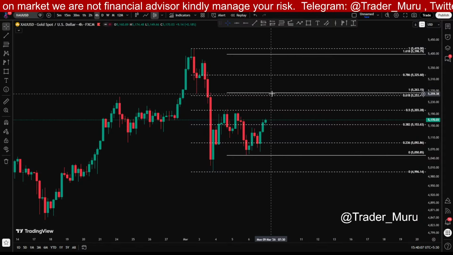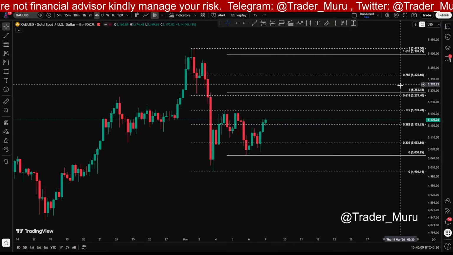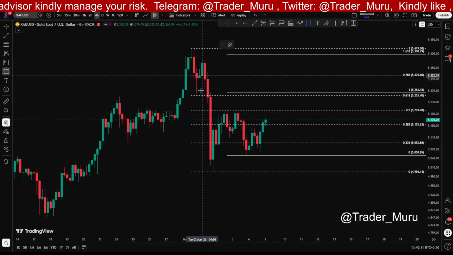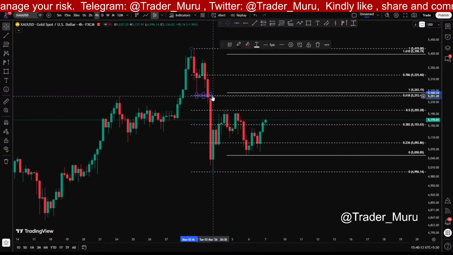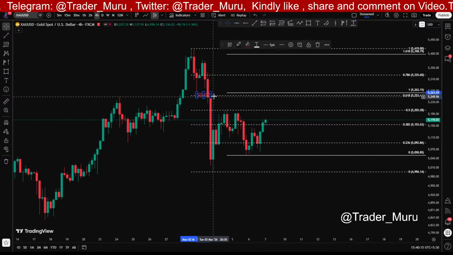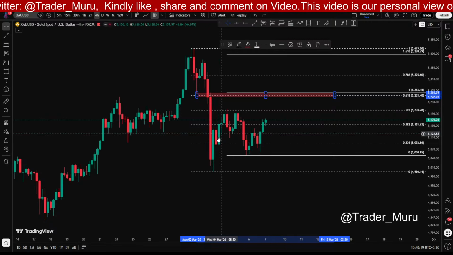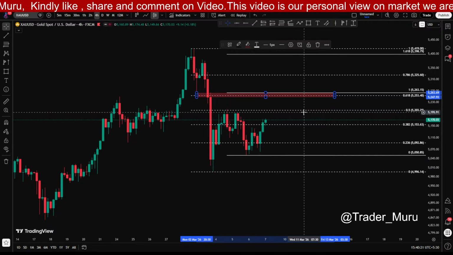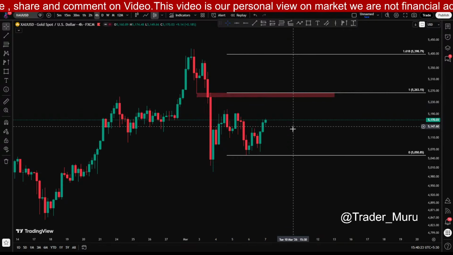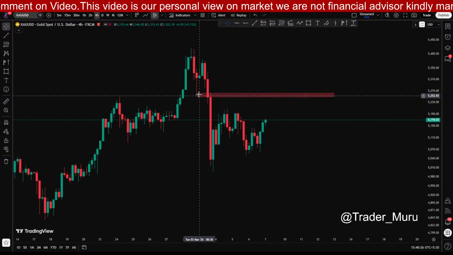If we get a sweep, we have 2 resistances here, actually 3, this one too: a golden pocket resistance, then this one-on-one reaction resistance, and another one is this low.